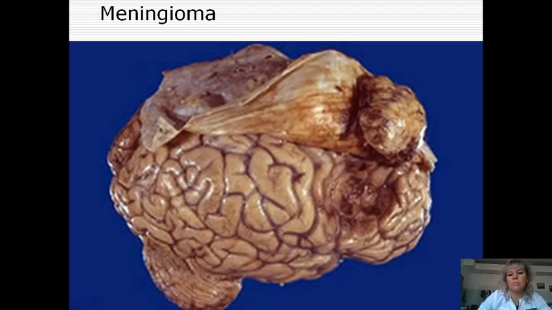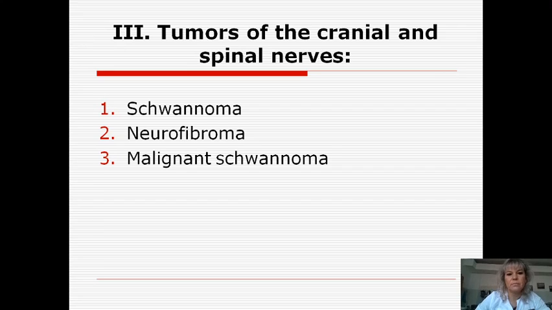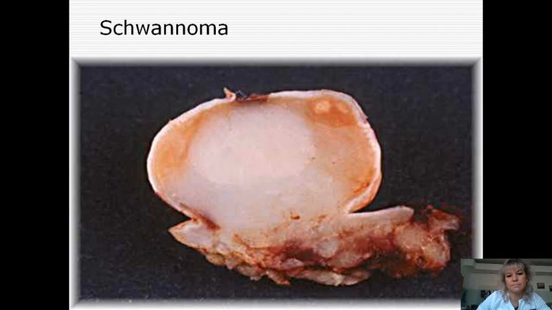This is a benign tumor, but it leads to the death of the patient as a result of pressure on the brain. The next group, tumors of the cranial and spinal nerves: schwannoma, neurofibroma, malignant schwannoma, many tumors. I repeat, in this photo you can see schwannoma.